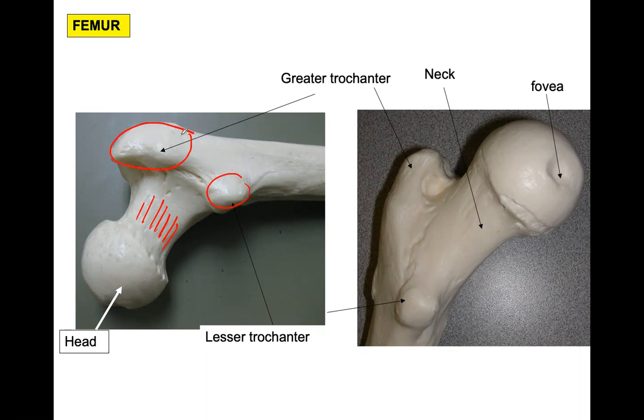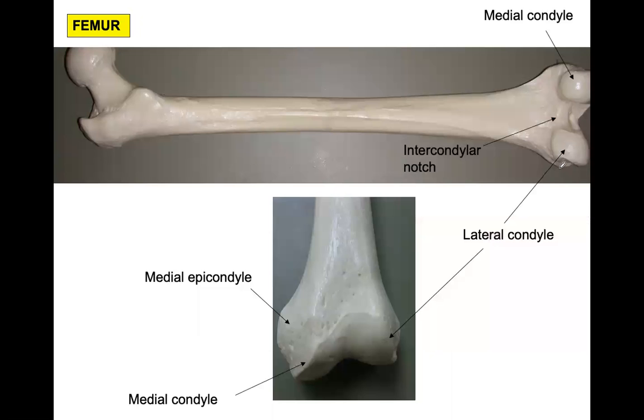They're called the greater and the lesser trochanters. And then there is a little indentation on the head called the fovea. So here's the femur as a whole again. Here's your head, here's your neck, here is your lesser trochanter, and here is your greater trochanter.